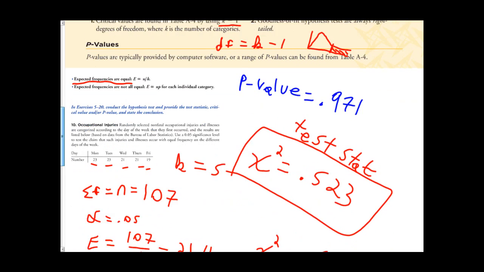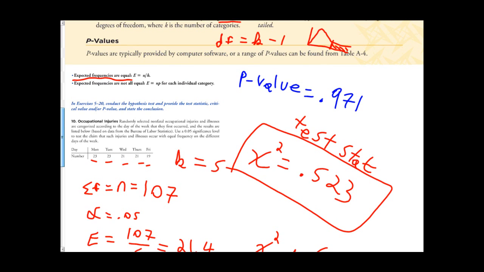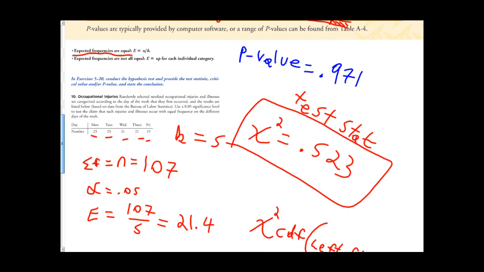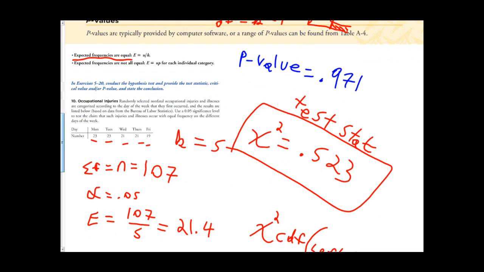So these numbers actually do indicate that injuries and illnesses occur with equal frequency on different days of the week. The null hypothesis was that they occur with equal frequency, and we cannot reject that null hypothesis. So most likely, these do occur with equal frequency, and we're basing that on the p-value being so high.